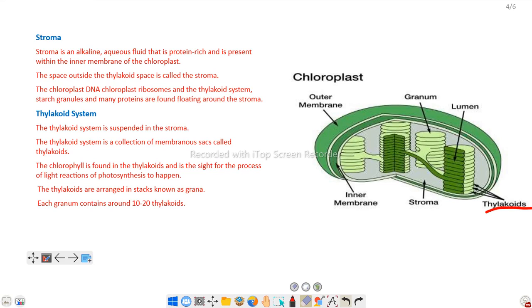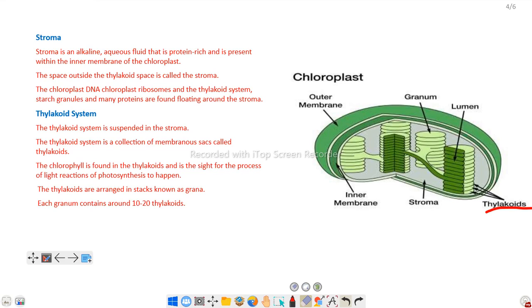Chlorophyll is the green pigment which absorbs sunlight and helps in the process of photosynthesis, and the end product of photosynthesis is carbohydrate food material.